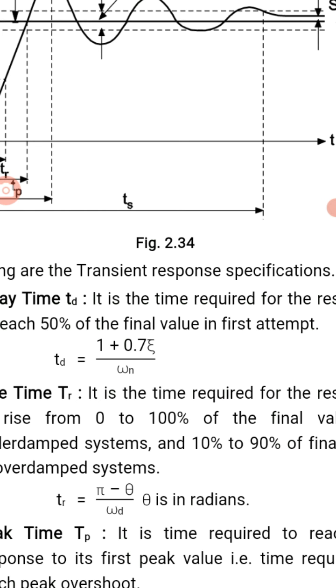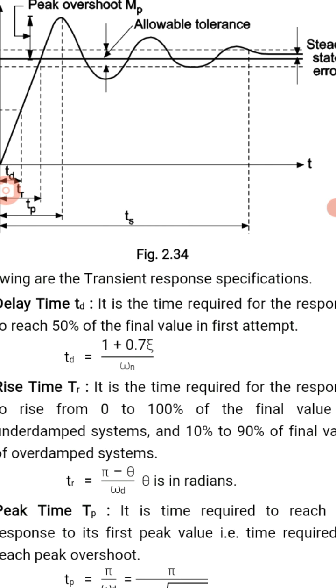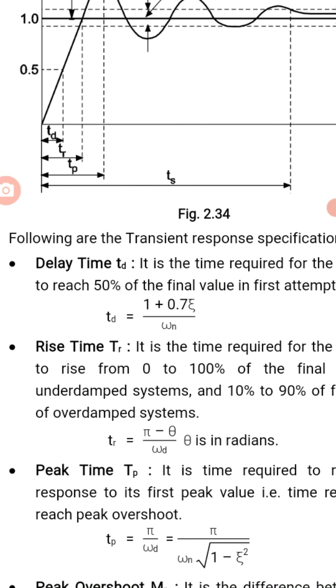It is given by td = 1.07 zeta upon omega n. You have to mug up this equation because finally we will solve a few problems based upon these equations. The derivation may not be there in the equation paper. We only have to mug up this equation so that we can find the final value. So delay time is the time required to reach 50% of the maximum.